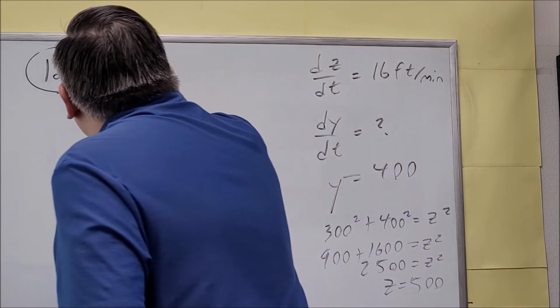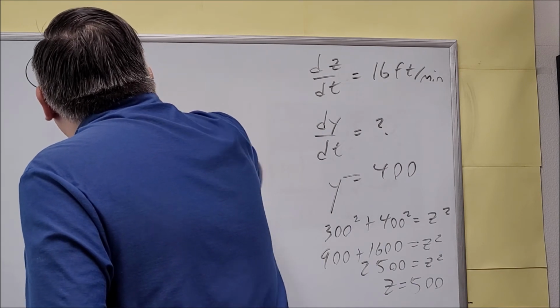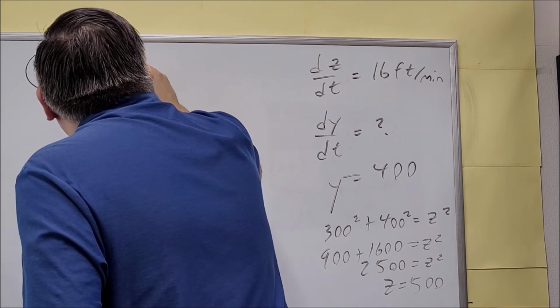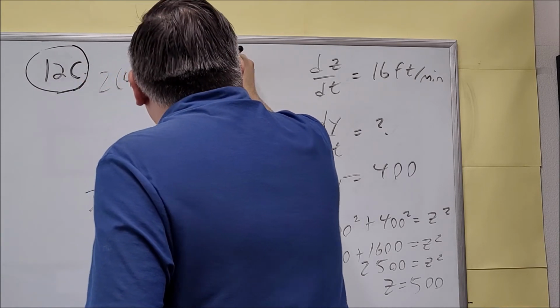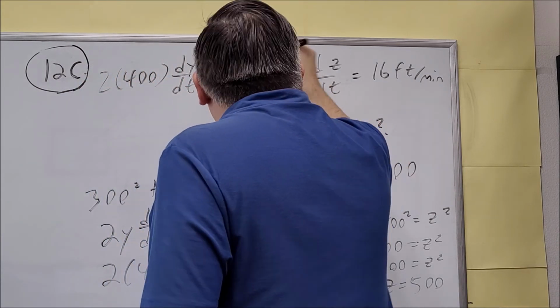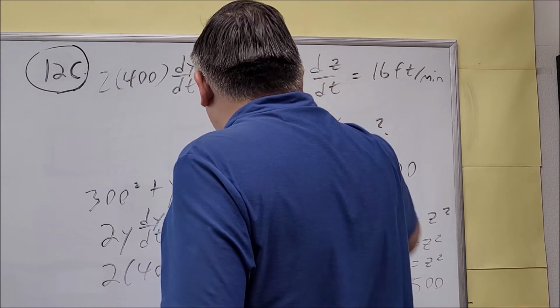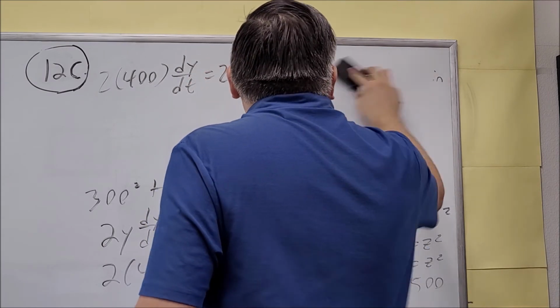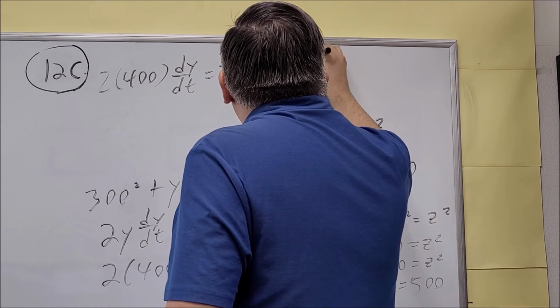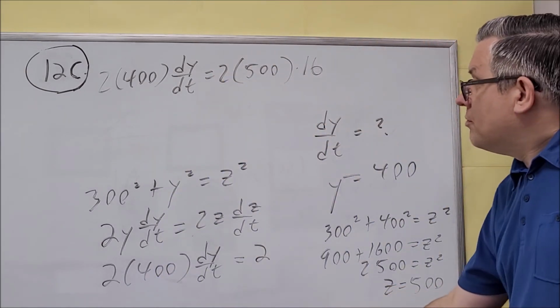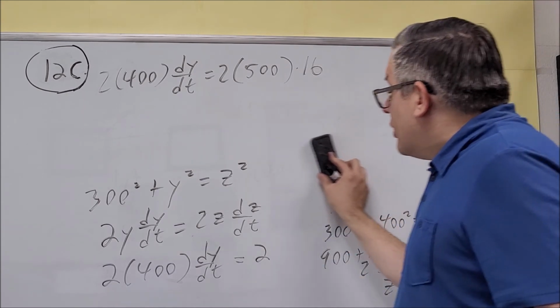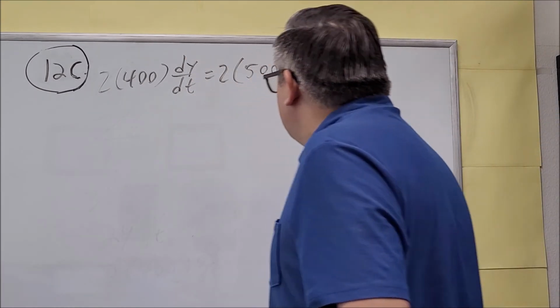So we have 2 times 400 dy/dt is going to equal 2 times 500, we said, and then times the dz/dt, which was 16, so we put that in here. Now we have to solve for the dy/dt.